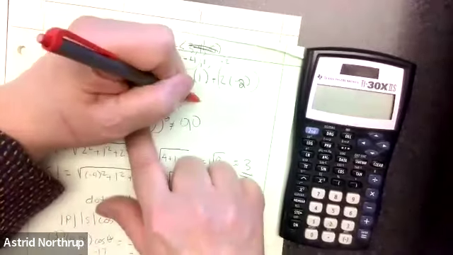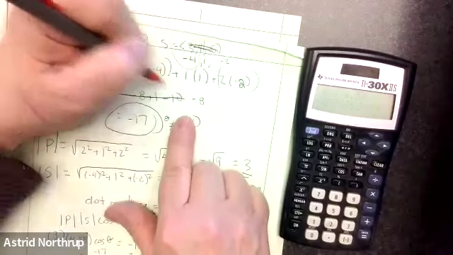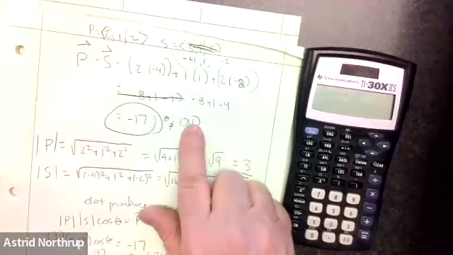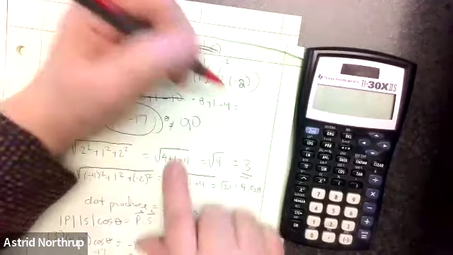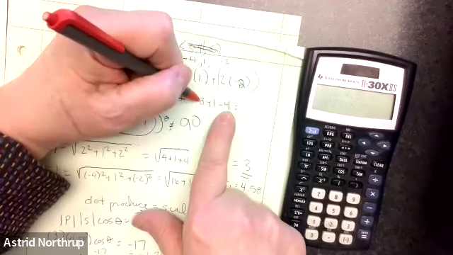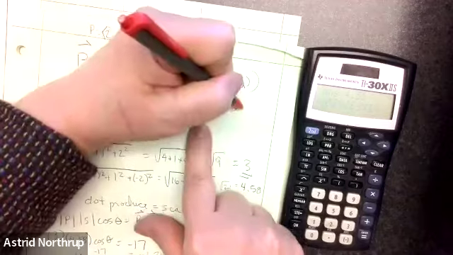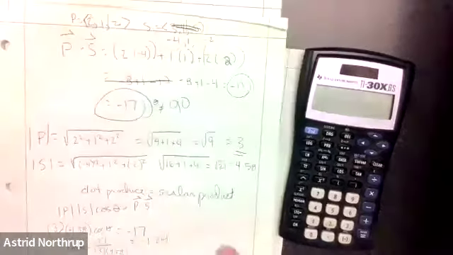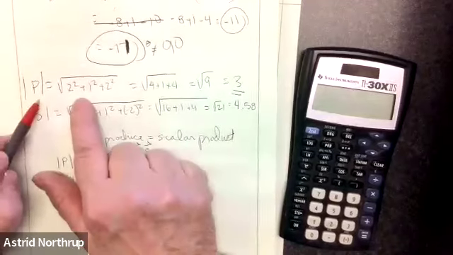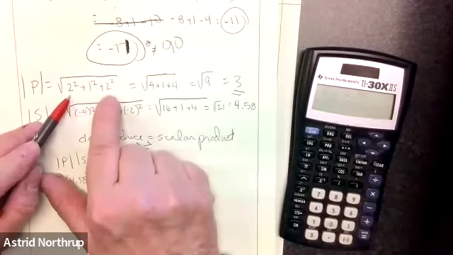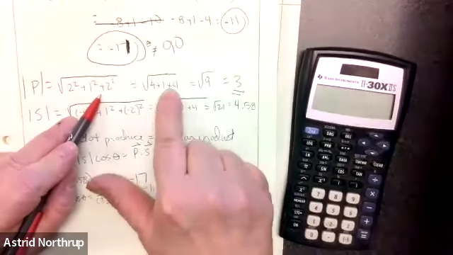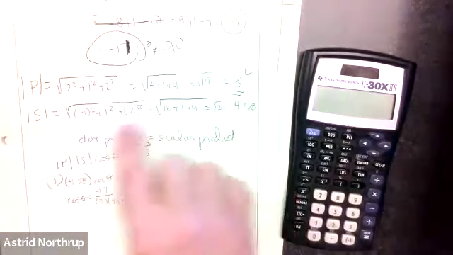So 2 times -4 is -8. 1 times 1 is 1. 2 times -2 is -4. When I add those together, I get 8. No, excuse me, this is -12. So that's -11, isn't it? Okay. So the magnitude of P: 4, 1, 4, 9, square root is 3. This is correct.